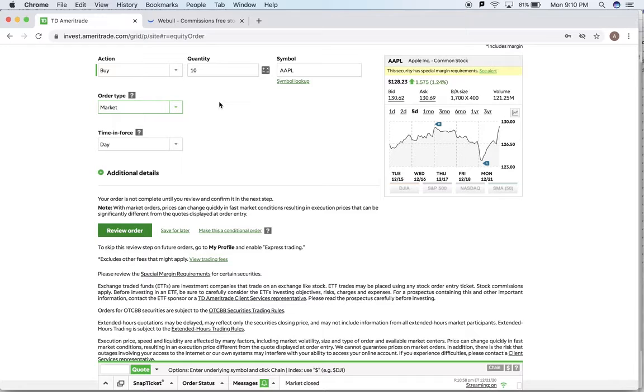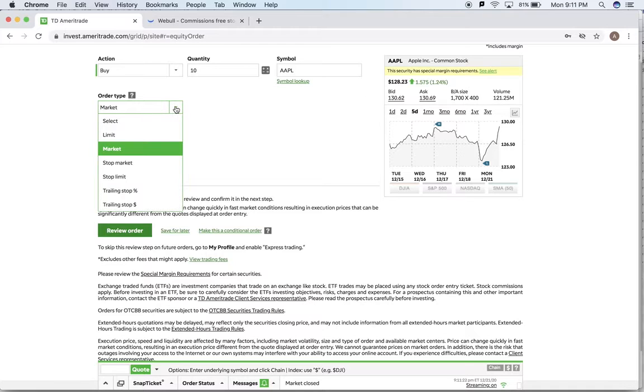Let me explain this for a second. The current price is 128, but right now the market's actually closed. If the market was open and we set this order to go in at market, then we would be getting it at that market price.